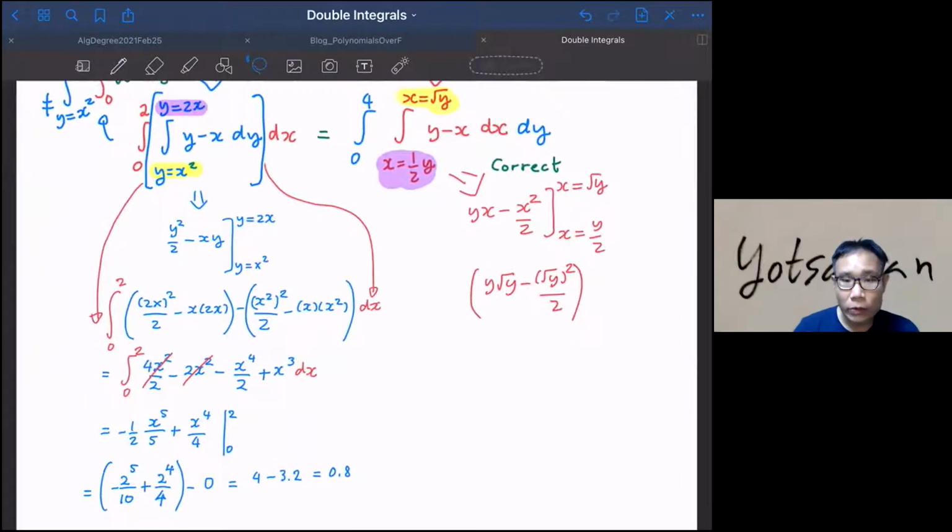Okay, so I'm going to plug in y over 2: y times y over 2 minus y over 2 squared over 2.